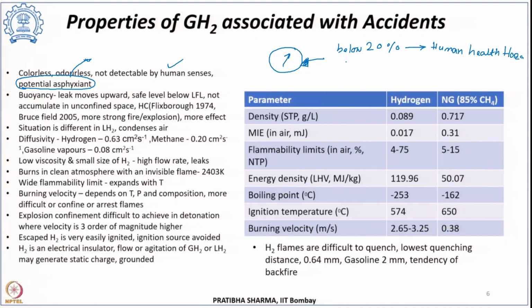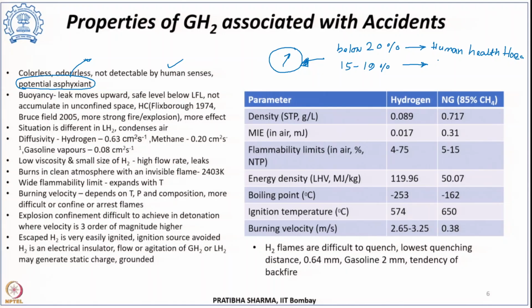When the oxygen level is between 15 to 19%, due to the presence of hydrogen reducing the oxygen level, there will be a reduction in human activities.